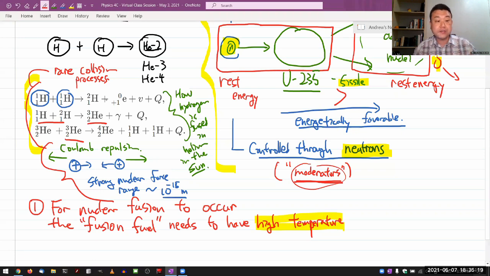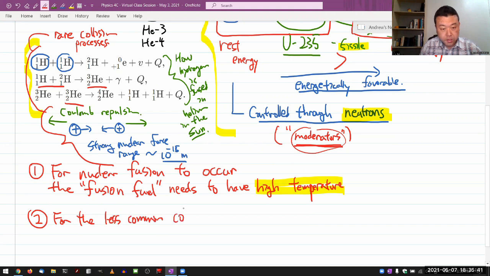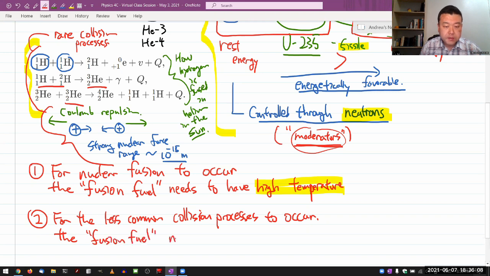And really what you need is that these things happen often enough. And in terms of material conditions, what you need for the less common collision processes to occur is for the fusion fuel to be at high density.